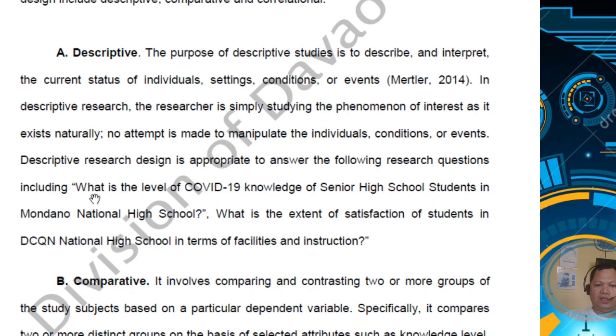They talk about the level and the extent, which is the common pattern of stating the research question in quantitative research. Level means you're trying to measure the knowledge, so that is a quantitative research approach.